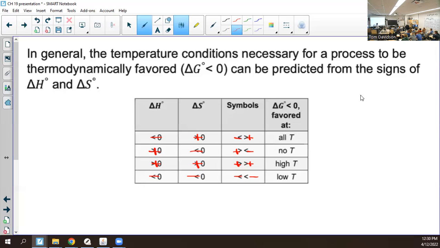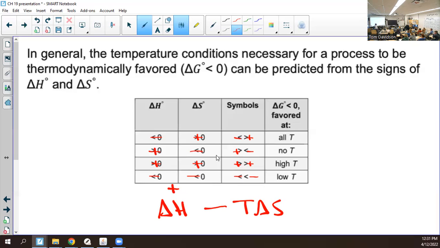If it's positive and positive, you have a positive value that's being subtracted, because remember, it's minus T delta S. So we have delta H, and in this instance, we're saying this is a positive.